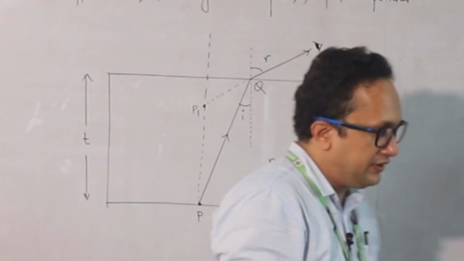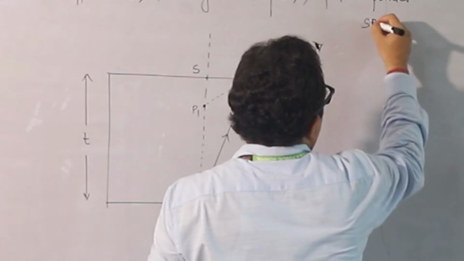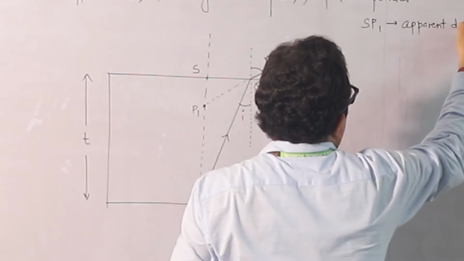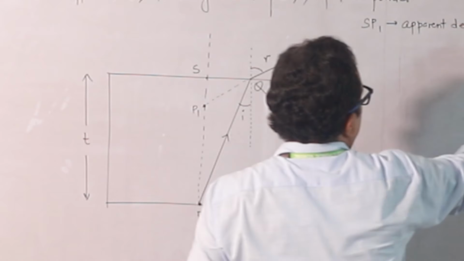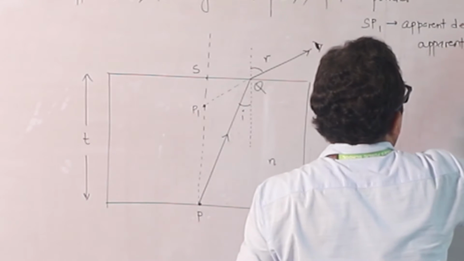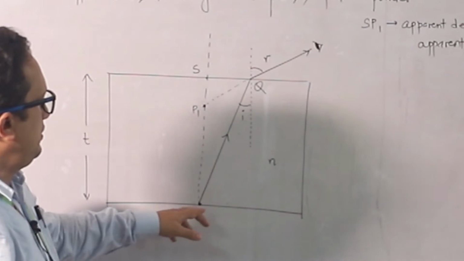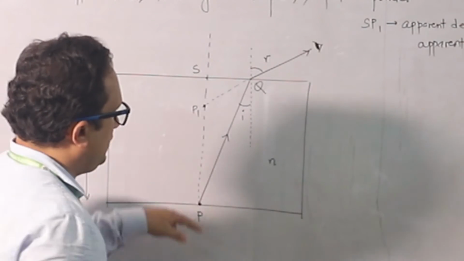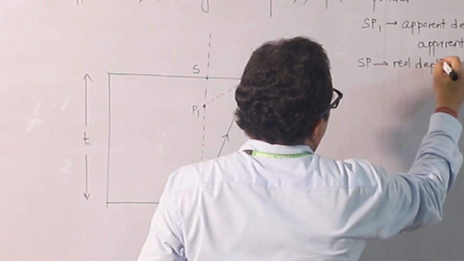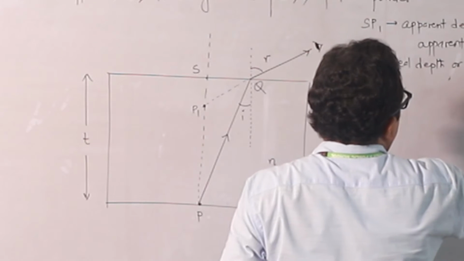If I consider this point as S, then SP1 is my apparent depth or apparent thickness, whereas SP is the real depth or real thickness.